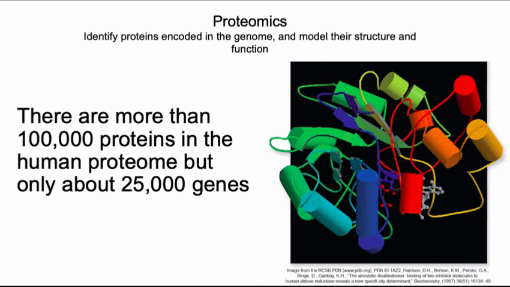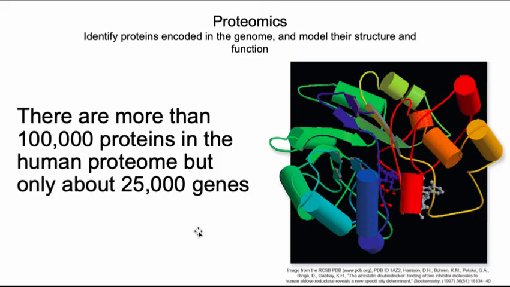The recent estimates are that there might be just 20,000 genes, and some people think it might be even lower than that. But we have more than 100,000 different proteins that are being made, and that's what we call the proteome. So the genome is the number of genes that we have, and the proteome is the number of proteins that we produce. And some estimates say the number of proteins might be up to 500,000, and only about 20,000 genes.